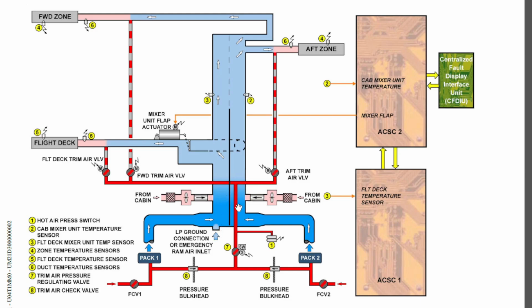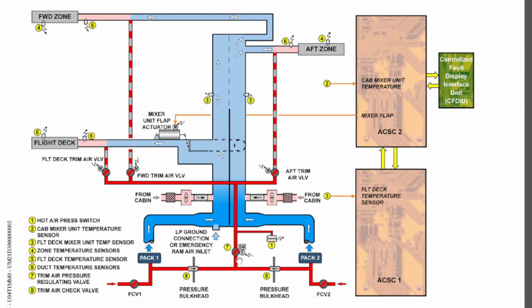So to mix this hot air efficiently with the cabin air, or the conditioned air which will flow into the cabin, you need to keep the pressure in the trim air line at a higher pressure. For example, if the cabin pressure is 10 psi, the pressure of the hot air should be somewhere around 14 psi, so it will efficiently mix to achieve the desired temperatures. So that's why we call this the trim air pressure regulating valve.